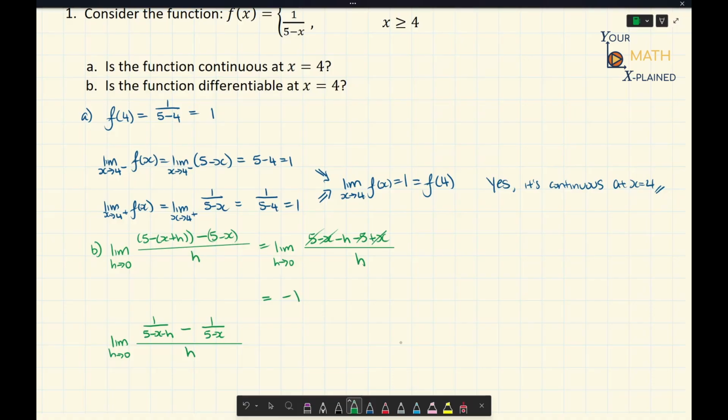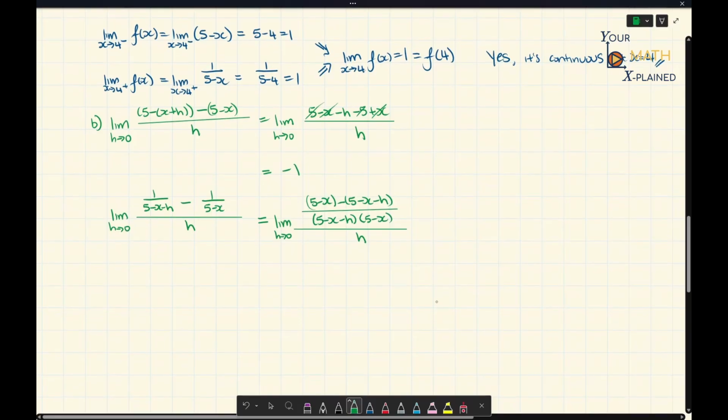Next, we're going to put our numerator over a common denominator. So we get the limit as h approaches 0 of (5 minus x) minus (5 minus x minus h) over (5 minus x minus h) times (5 minus x), and then this is over h.